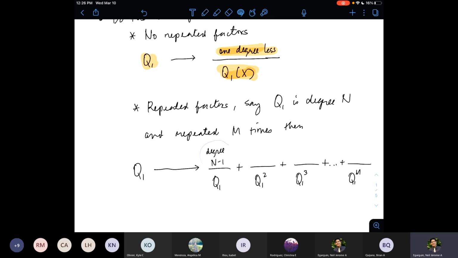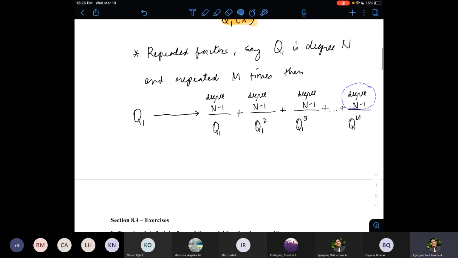Okay. So if Q1 is of degree 2, then all the generic numerators will be of degree 1 less than the original. So the numerators will all have the same degrees.